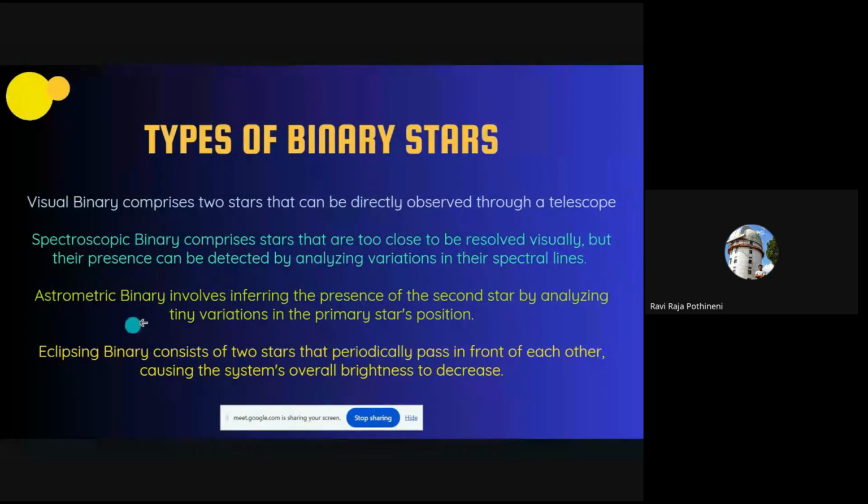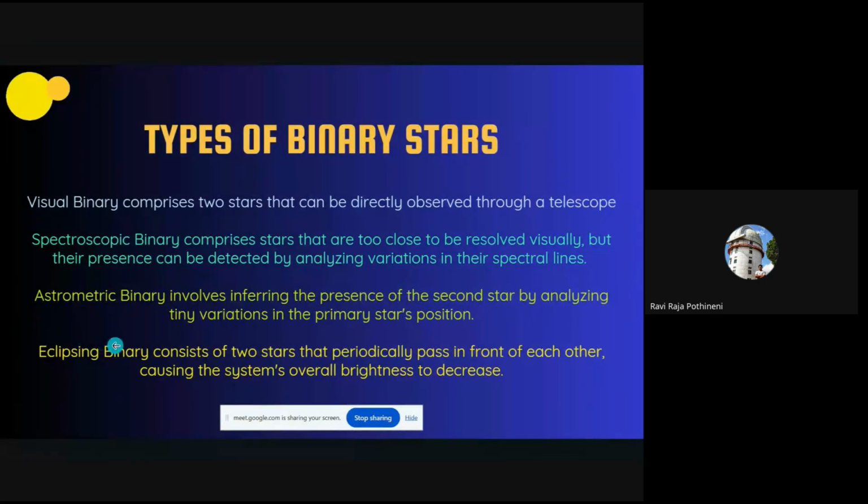Next, we have the astrometric binary system. This type of binary system is again very important because the presence of the secondary star can be detected only through the wobble, the tiny variations in the primary star's position. I will be explaining it with an example very soon.